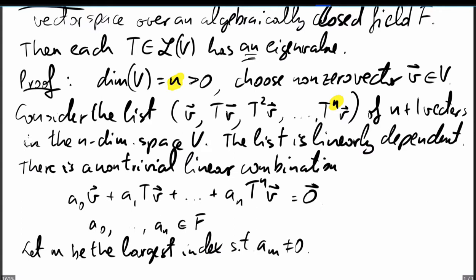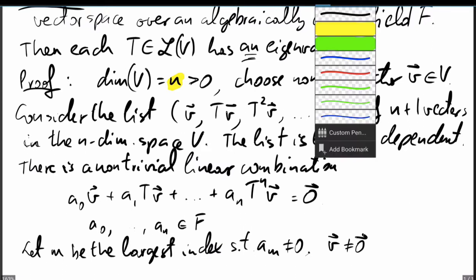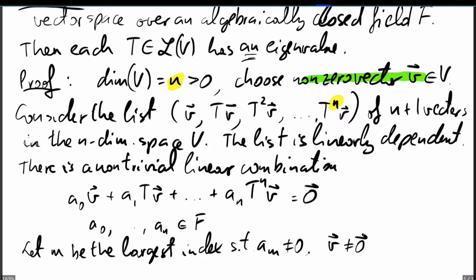Now some of these vectors might be zeros. We don't exactly know what happens when you apply T or T squared or T cubed to v. But we know for sure that v is not the zero vector. That was our choice, to choose a non-zero vector v.